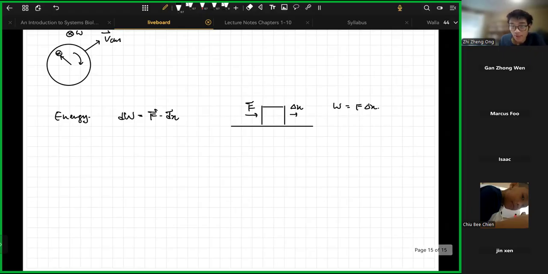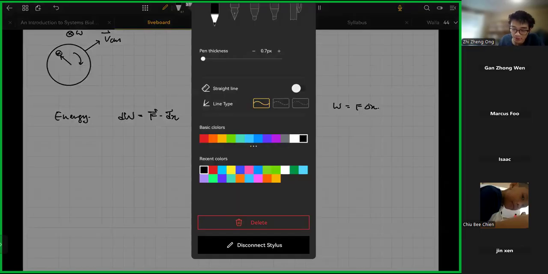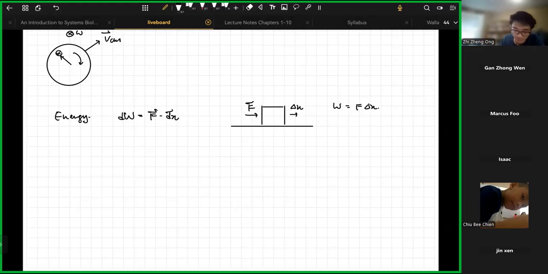That's true, but you can do more than just look at boxes and push them. The whole idea of energy is that you can split this up into infinitely many parts, and then the total work is just the dot product of force and displacement. Remember, there's a dot product there.